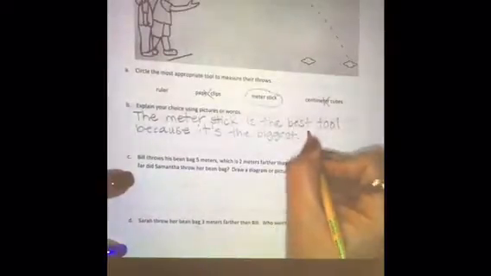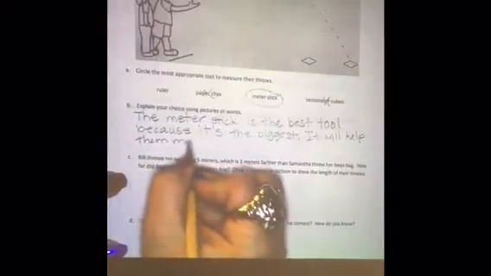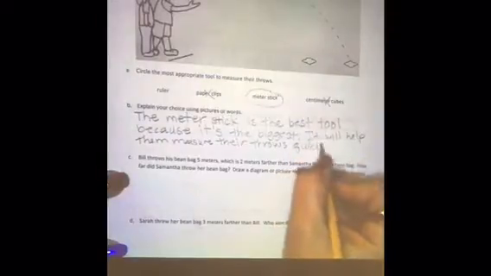And because it's the biggest, it will help the kids measure their throws quicker than if they use the other tools.